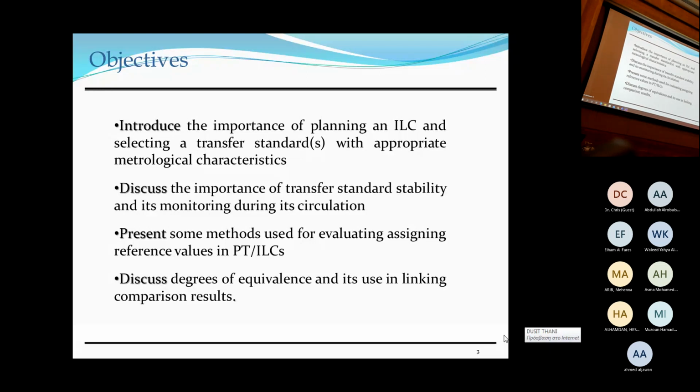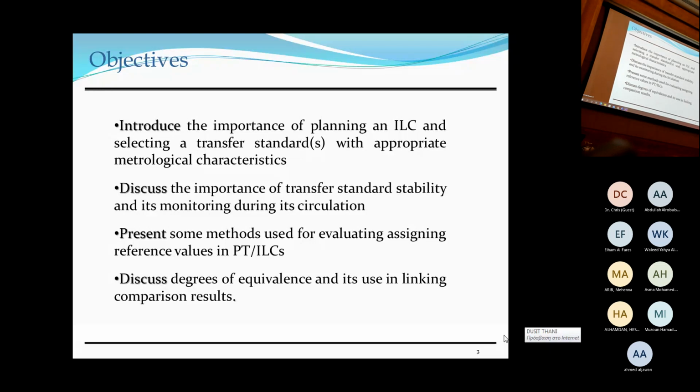After the selection of the transfer standard, it's important to determine how stable this thing is. Because remember, we said that what we are trying to do in an ILC is we want to create the conditions so that everyone in the cycle measures the same thing, okay?